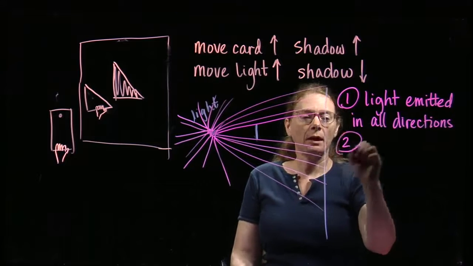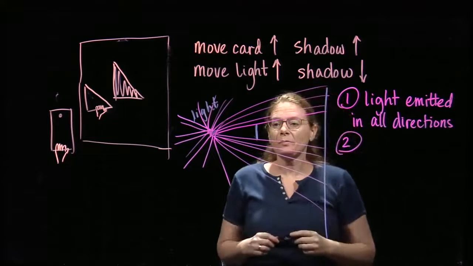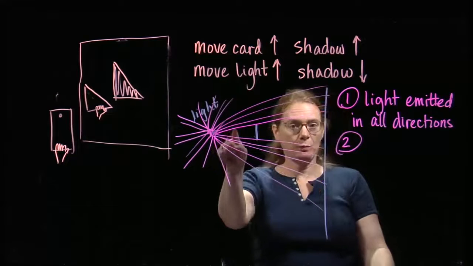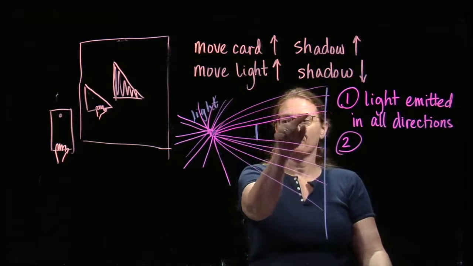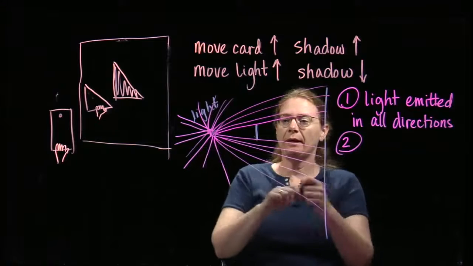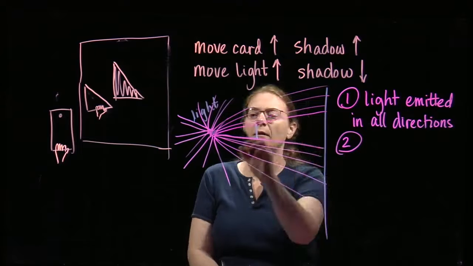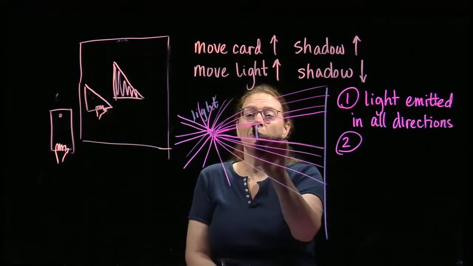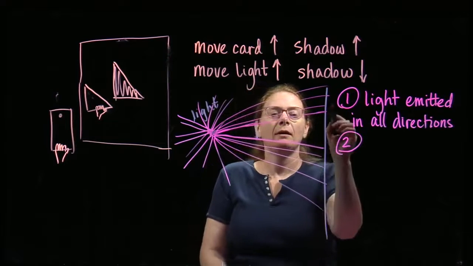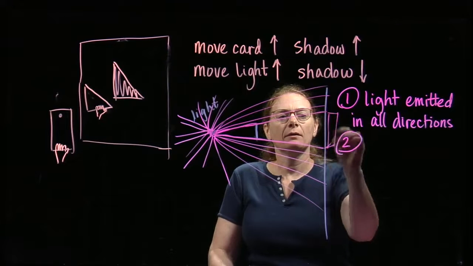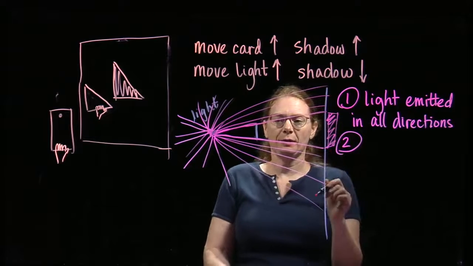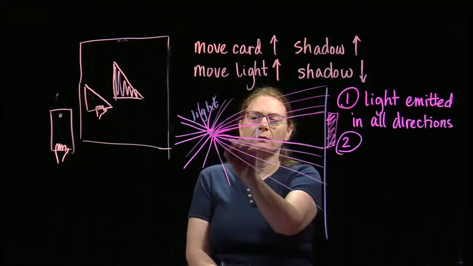The other idea here is the fact that most people draw straight lines. And we can see that if we have a straight line going just at the edge of that card, and a straight line going just at the edge of this card, this bit right here is where the shadow is formed, because no light can get through the card, it's blocked.